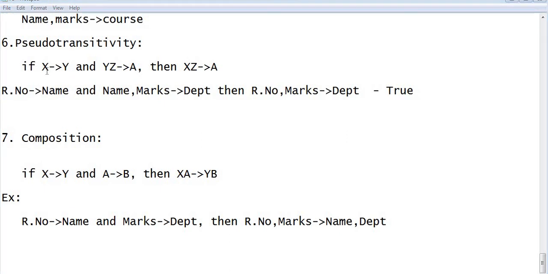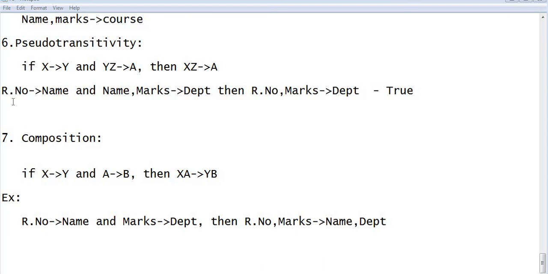Here X determines Y and YZ determines A, then XZ determines A. It means we already know that X determines Y, so in the left side we are replacing Y with X, because X determines Y. So if both FDs are given, X determines Y and YZ determines A, then we can say that XZ determines A.